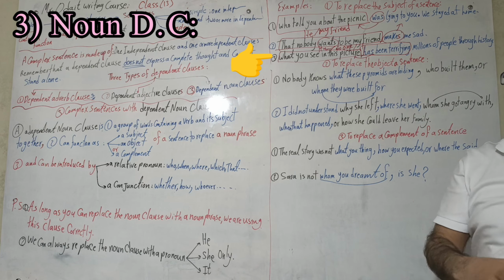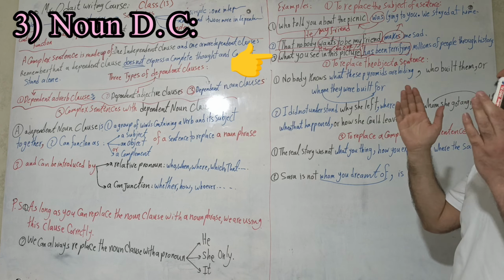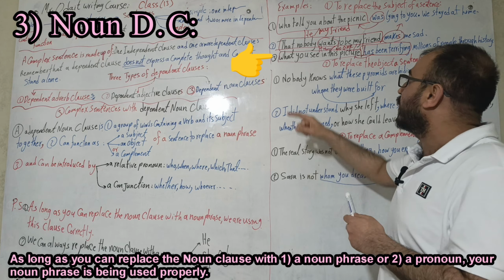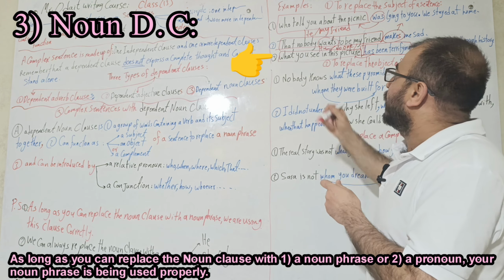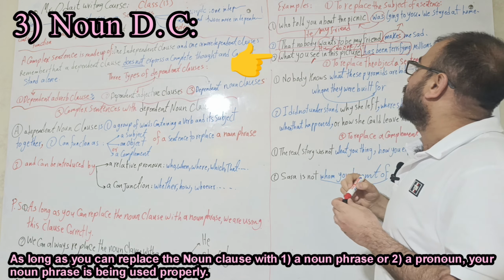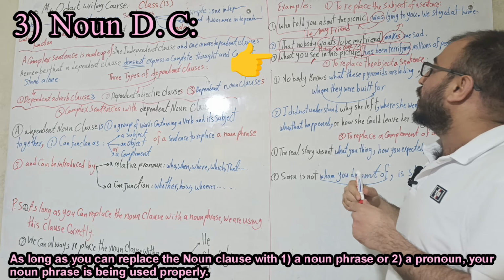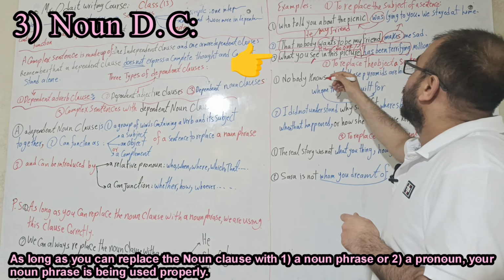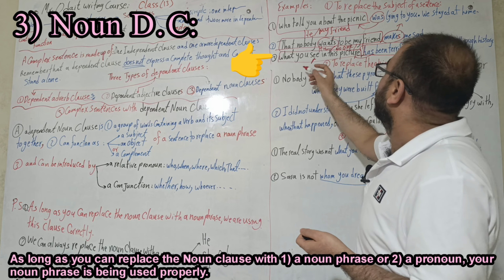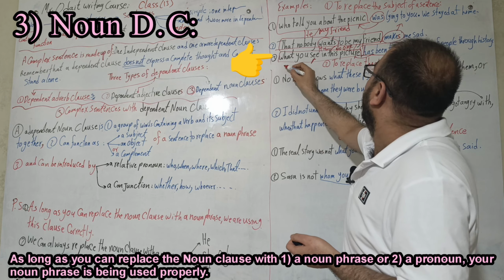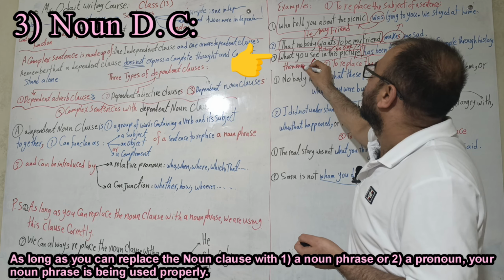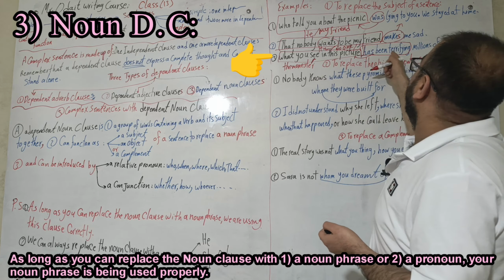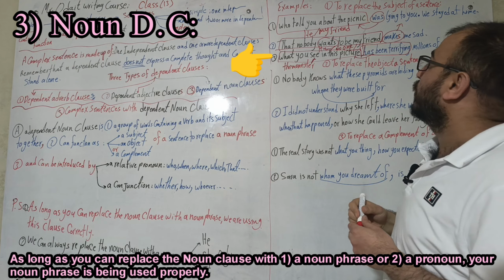Again, teacher, why is it a noun clause? It is a noun clause because, my friends, it contains a subject and a verb together, while a noun phrase, for example, is like "the monster has been terrifying millions of people throughout history."